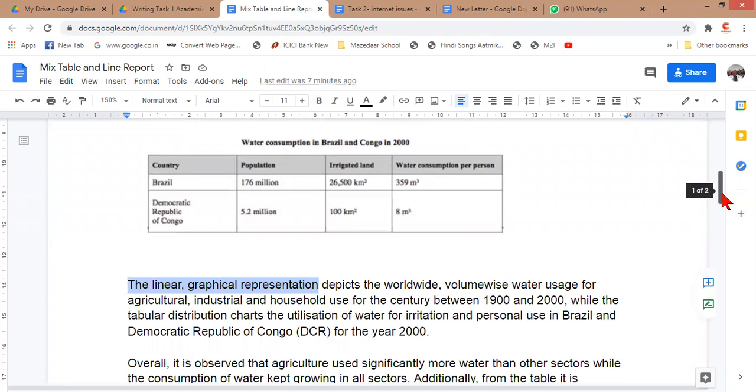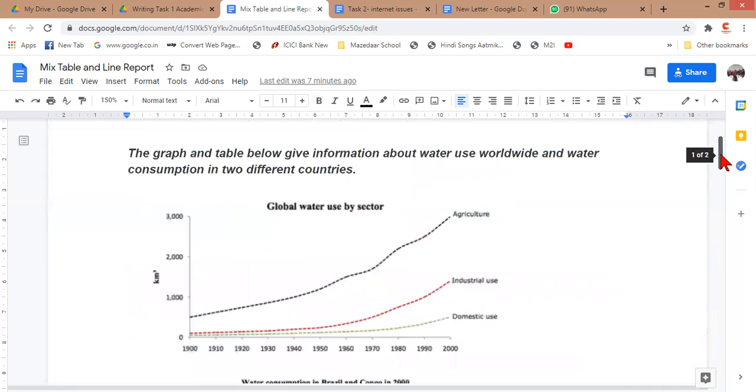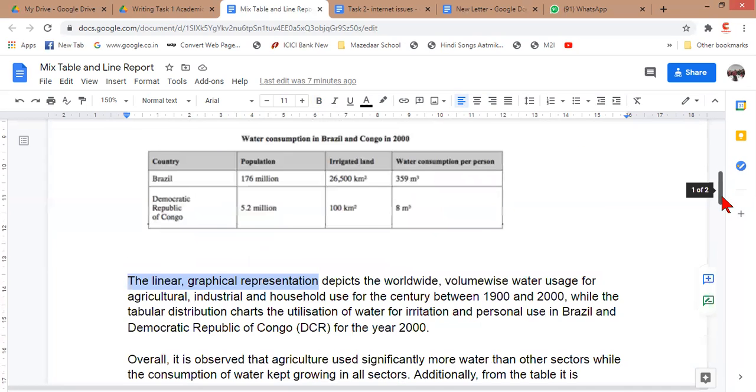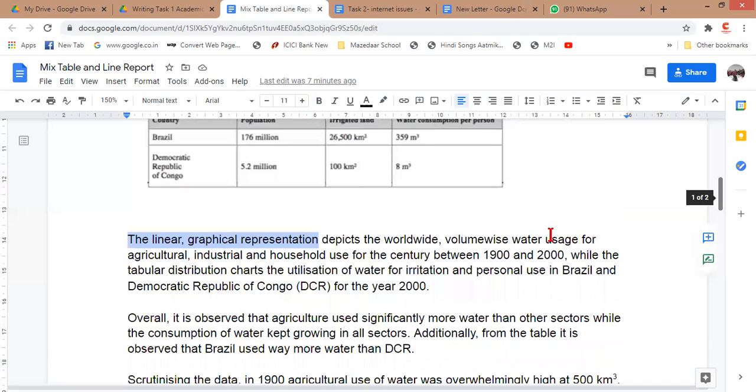Water use, see they have written agriculture, industrial use, and domestic use. What have I done? Water usage. For the agriculture, industrial, and household uses.